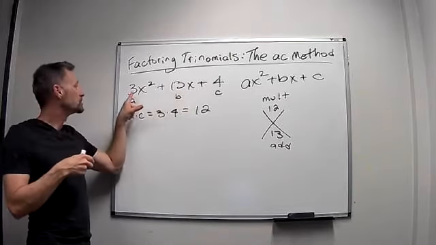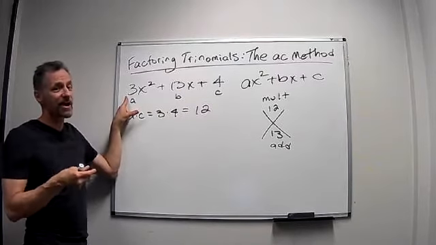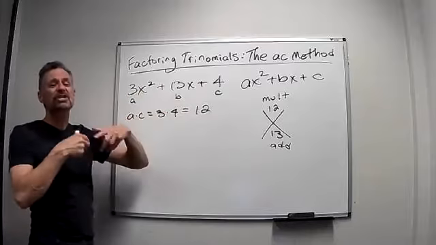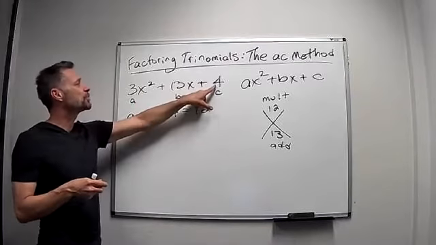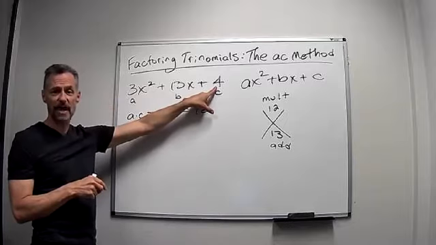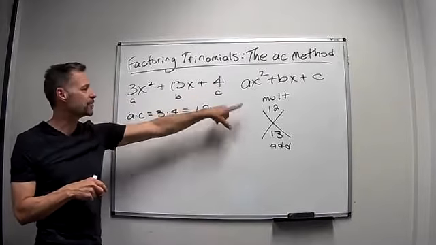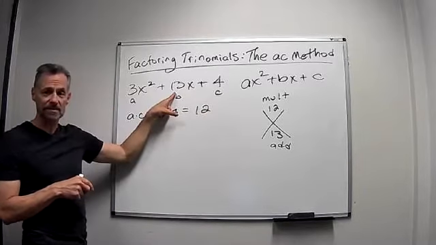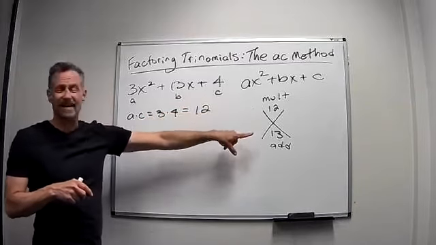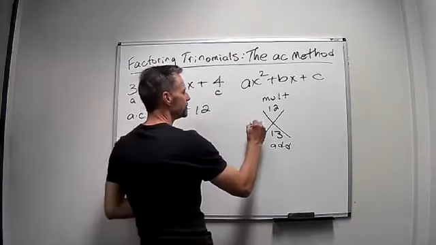When we have another number out here that's not a 1, we change it slightly: the numbers multiply to a times c, the 3 times 4, but they still add to this. Numbers that multiply to 12 and add to 13 have to be 12 and 1.